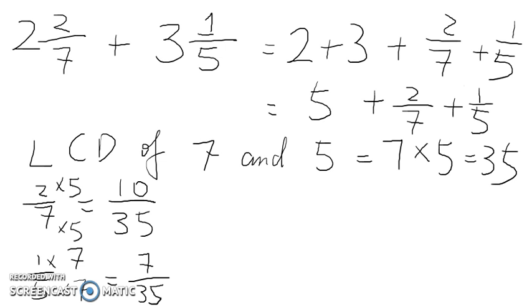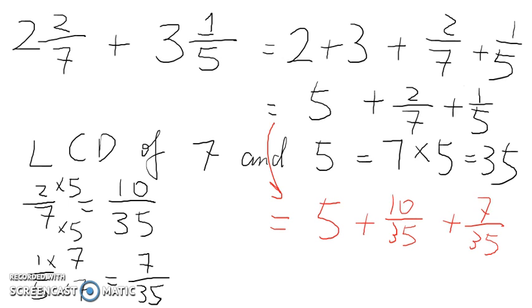So the whole thing, carry it down to here, we get 5 plus 10/35ths plus 7/35ths. We end up with 5 and 17/35ths. And those will be the steps that I want to see.